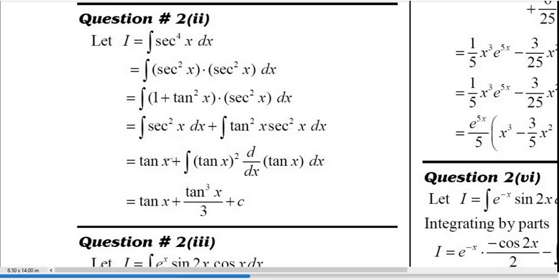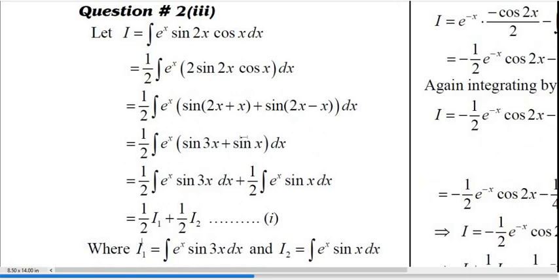We know that integration of secant square x is tan x, plus here we can see the derivative of tan x, which is secant square x, which exists here. That's why we apply the power rule when we integrate, adding 1 to its power, which is 2 plus 1 is 3, and the whole divided by 3, plus C is the answer.